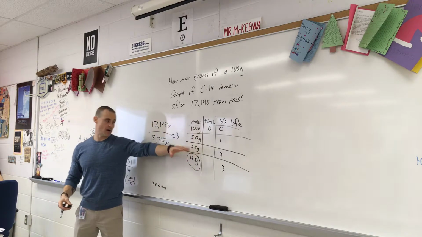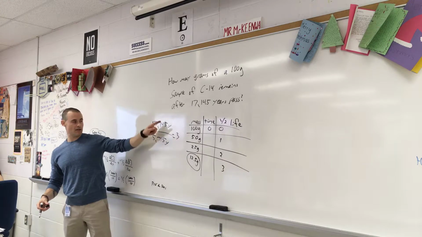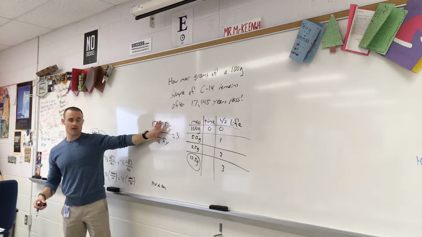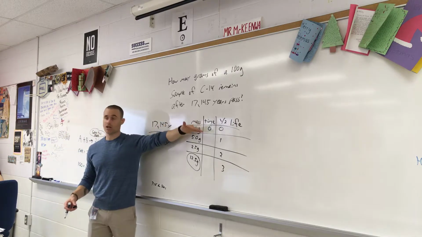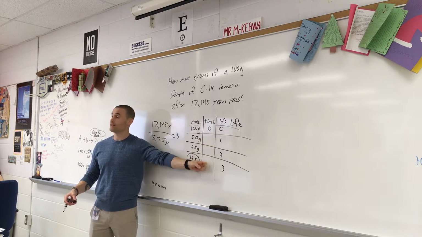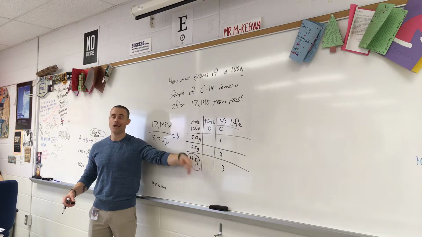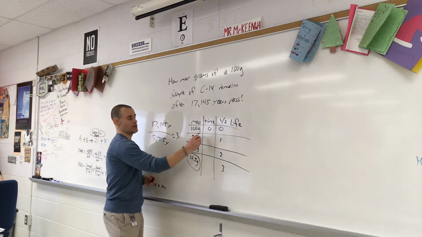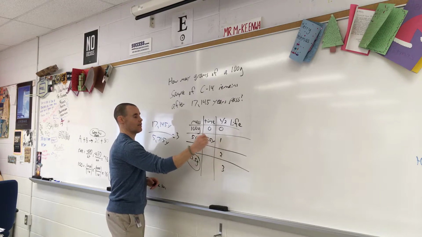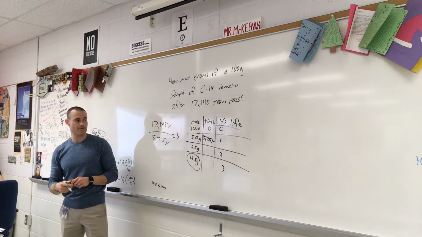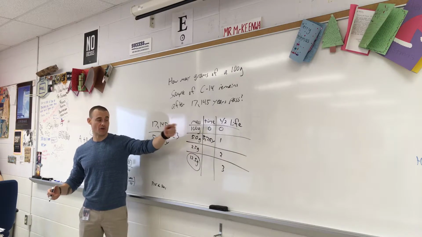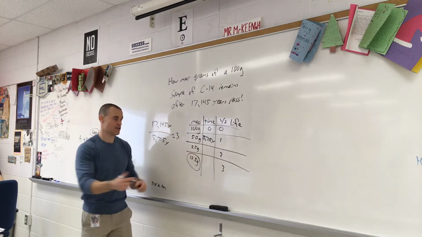But the other way to do it, if you don't get this quick math, or you don't like it, or it's confusing, for whatever reason, you can just fill in your chart one half-life at a time until you get to that number. Then you stop. So in other words, you would put this here, that is the half-life from table N. Then you would add the half-life again, because the half-life is always the same. That never changes.